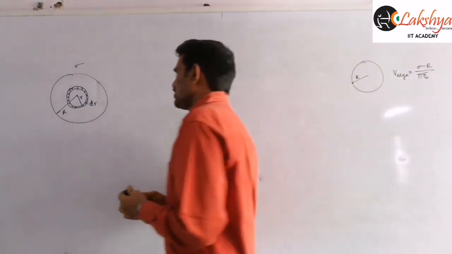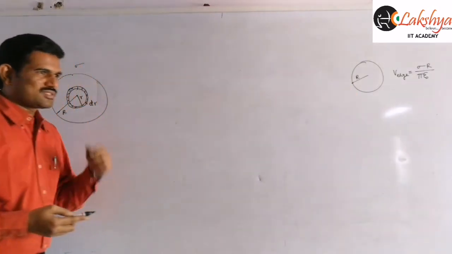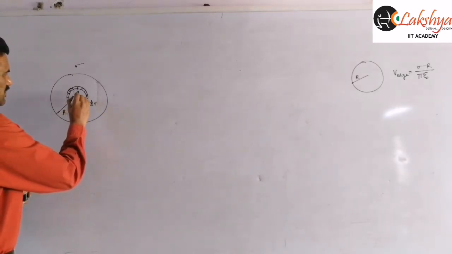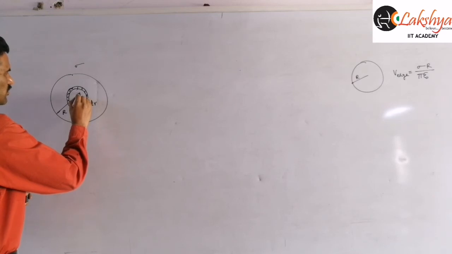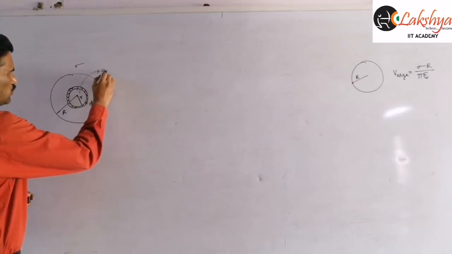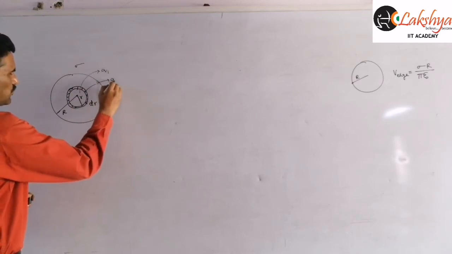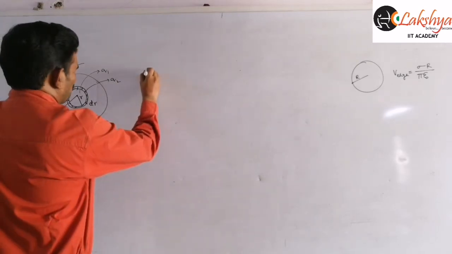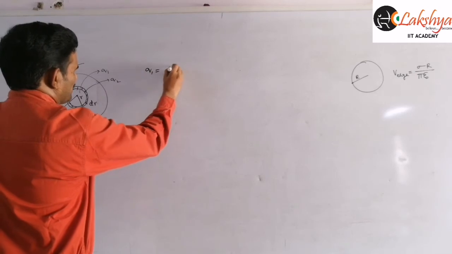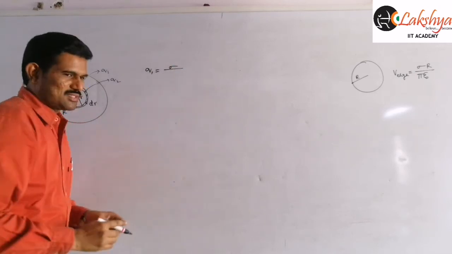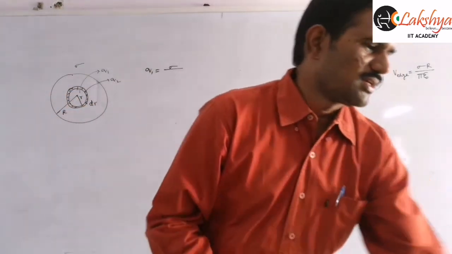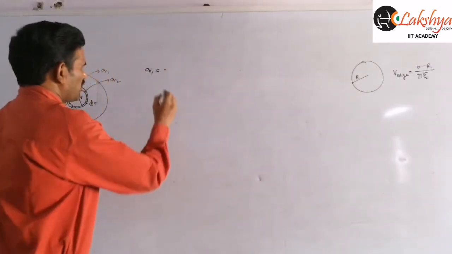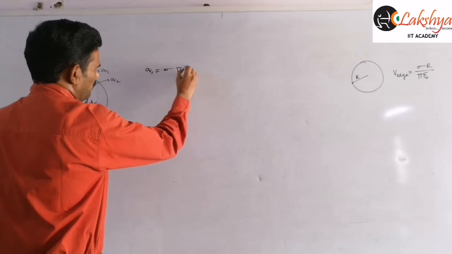Now here we need to write the potential energy. Similar to our sphere derivation, let us take the charge present on the disk as Q1 and the charge on the ring as Q2. Q1 is sigma into its area, so sigma into pi r square.